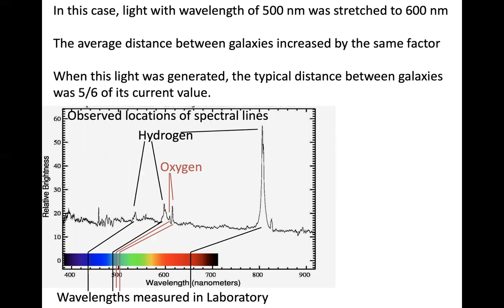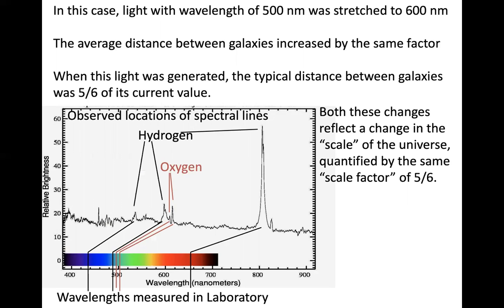We parameterize this in terms of something called a scale factor. It's just a number that says how big things were in the past on the largest scale relative to how big they are today. So when this light was emitted, that scale factor is 5/6 its current value. And we usually make the current value 1.